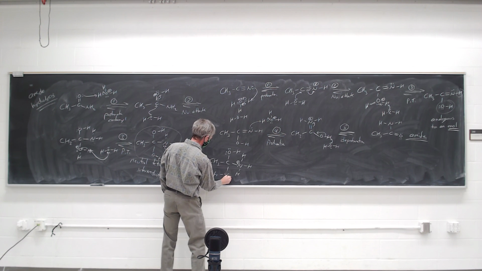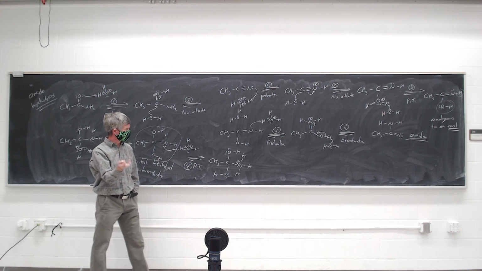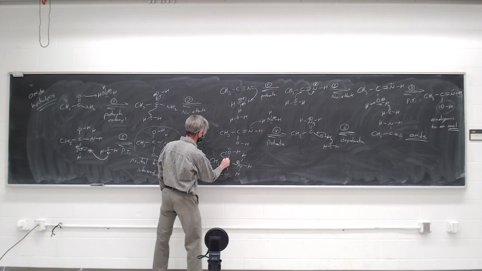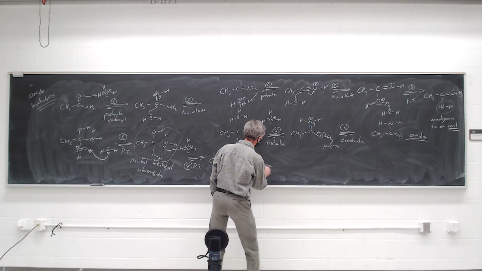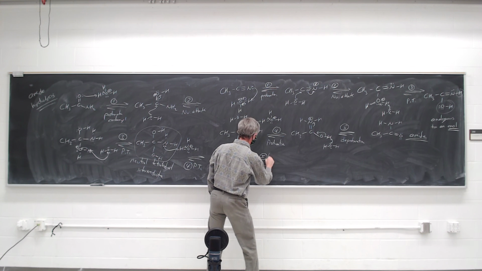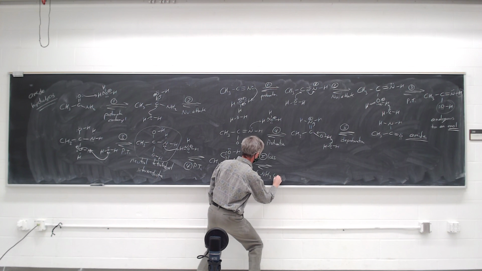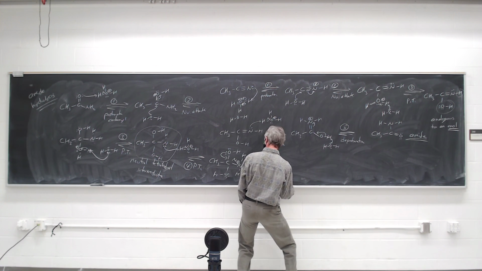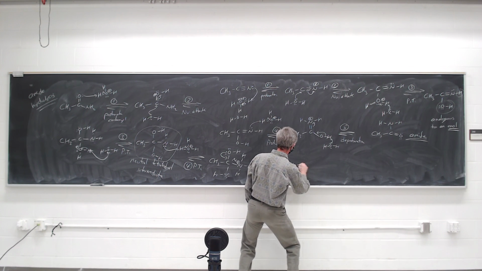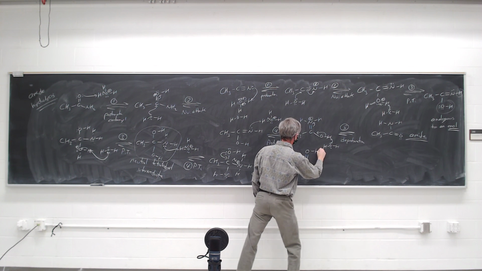And now I can use one of the lone pairs on one of my oxygens to push that ammonia out. Or you could just lose ammonia and generate a carbocation.